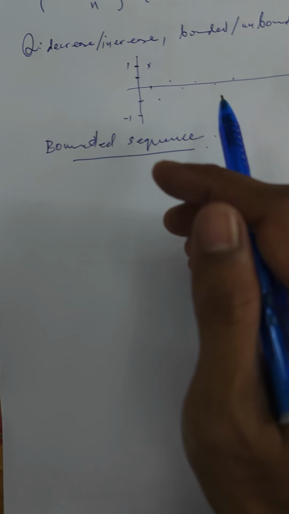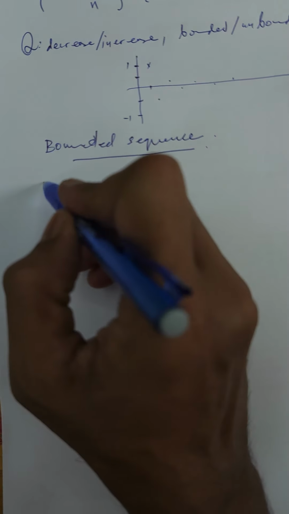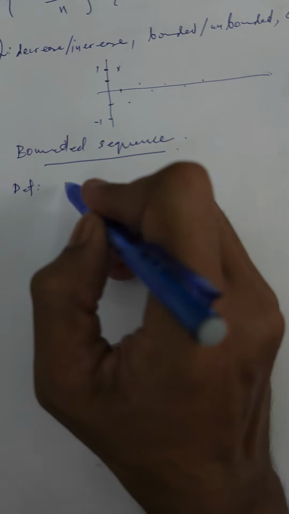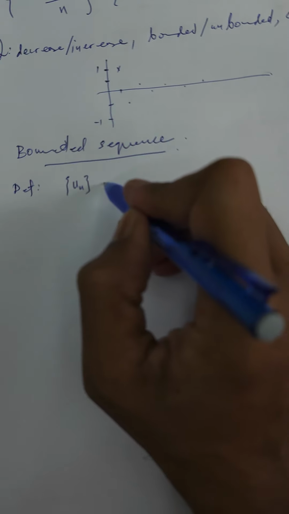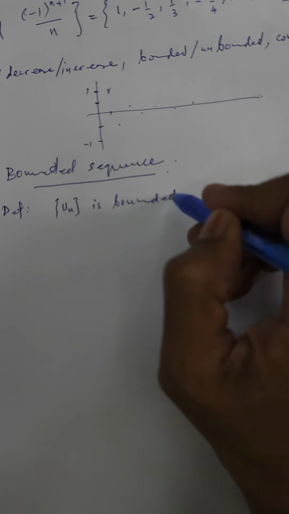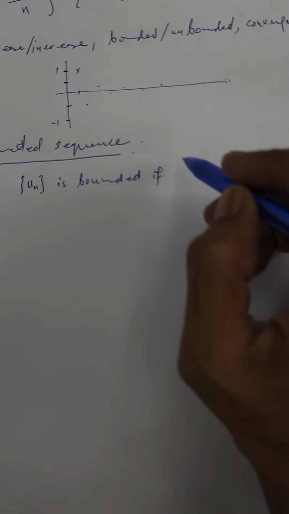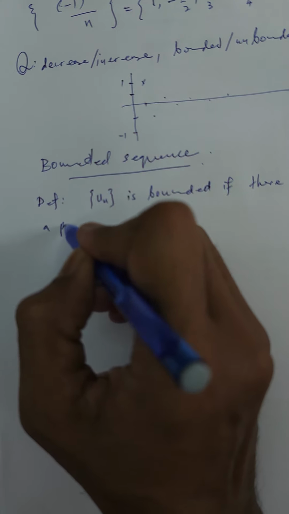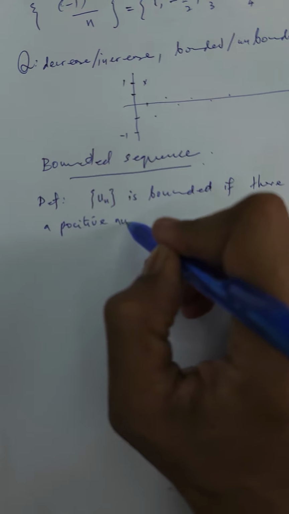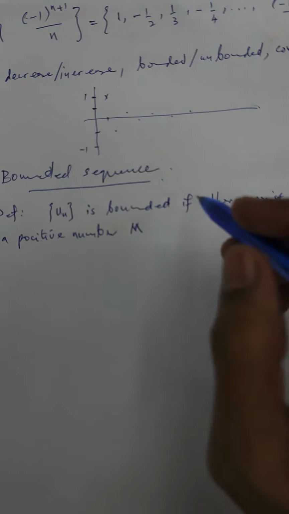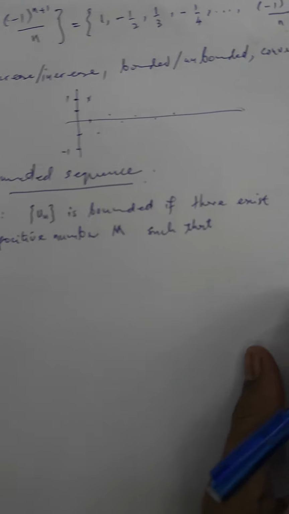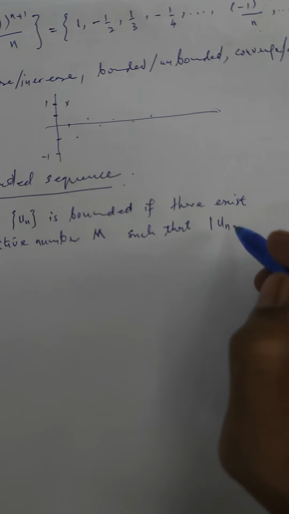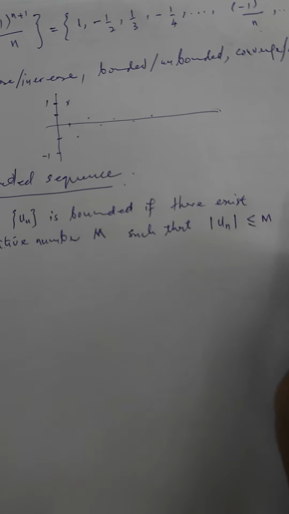Now we have a definition: the sequence un is bounded if there exists a positive number m such that the absolute value of un is less than or equal to that number m for all n.